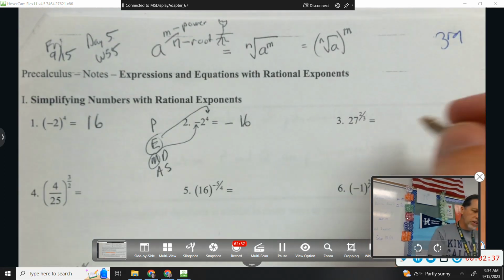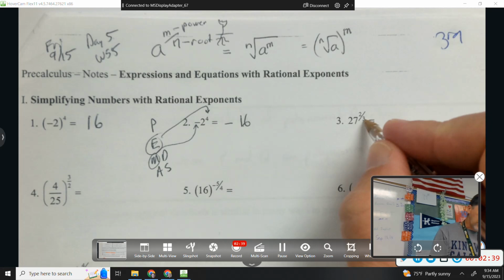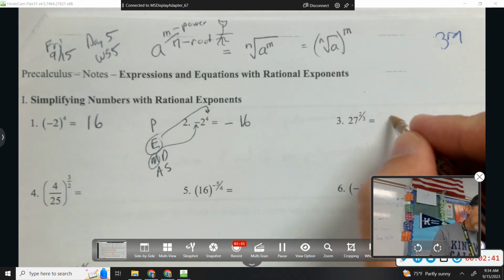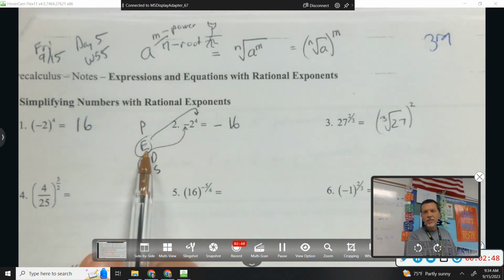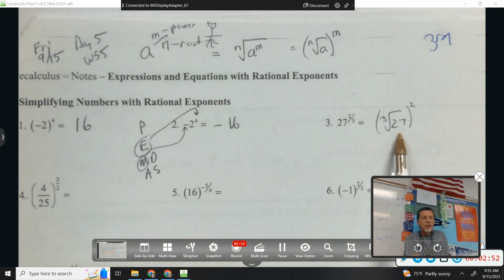27 to the 2/3. Okay, so the top number is the power, the bottom number is the root. We usually like to do the root first. It doesn't matter. They're both exponents, so there's not an order you have to do. But I would rather take the cube root of 27 than square 27. I do not know what 27 squared is.